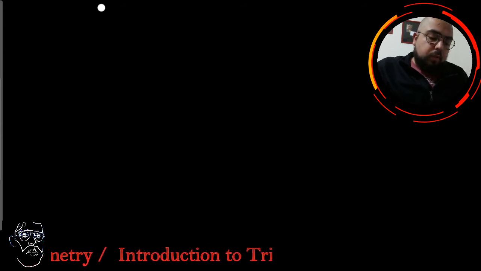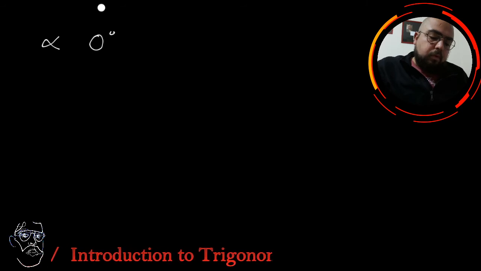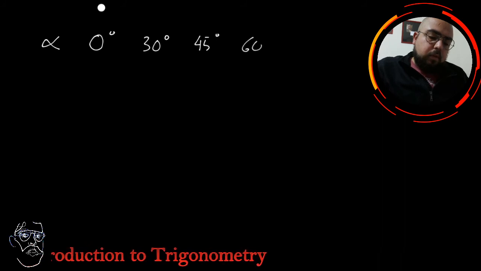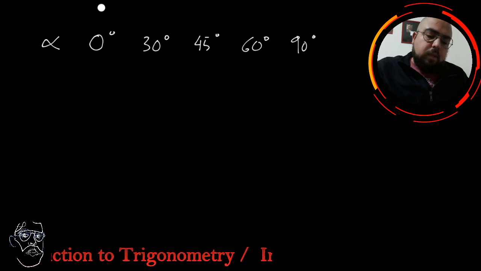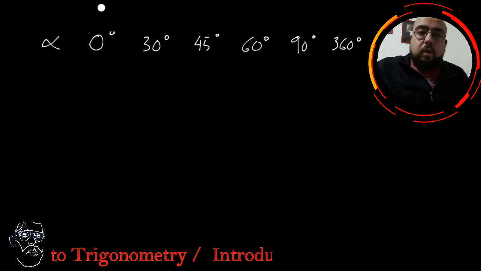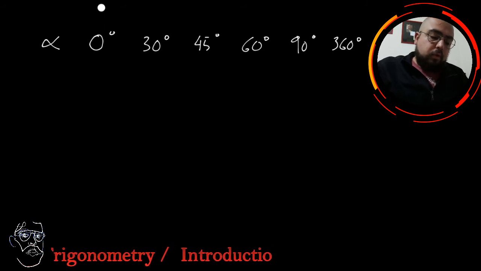Let's say we have a certain angle alpha which goes from 0 to 30, 45, 60, and 90, and let's say 360 also. 360 gets back to 0 because it's the whole revolution of the circle, so it will be the same thing as 0.